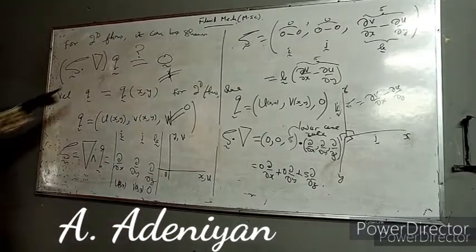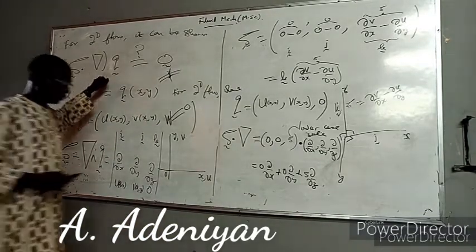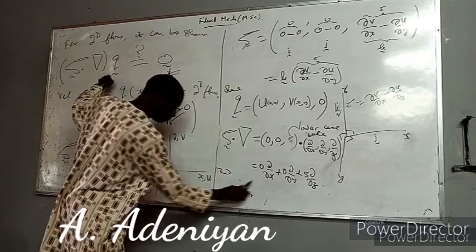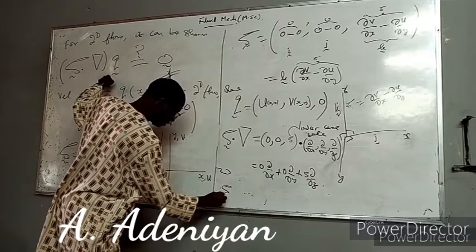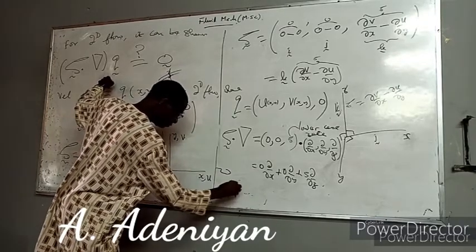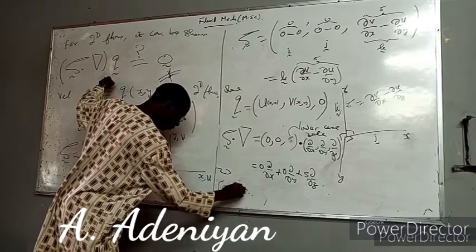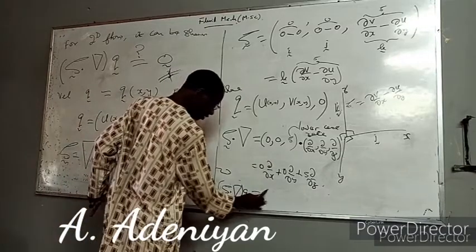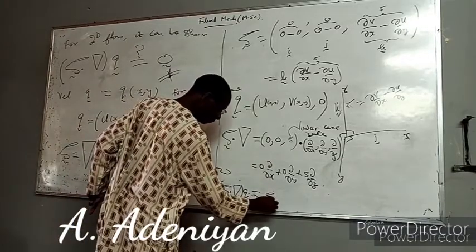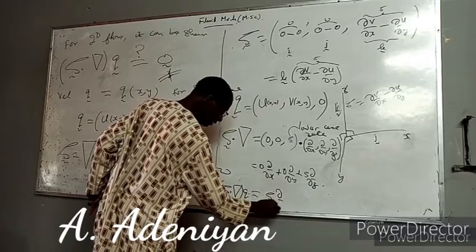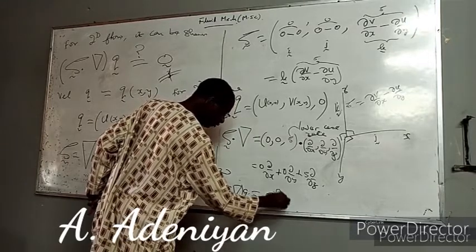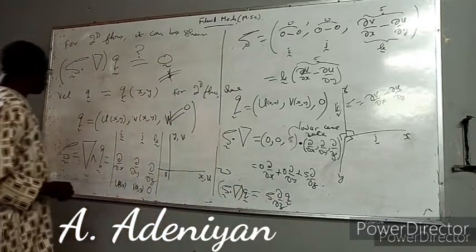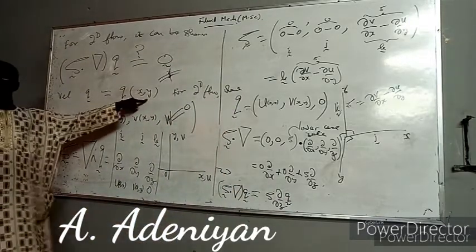Now, I want to operate this on Q. So it follows that zeta dot nabla Q is simply 0, 0, and only one left, that is zeta times ∂/∂z of Q. But Q depends on what? On x and y.